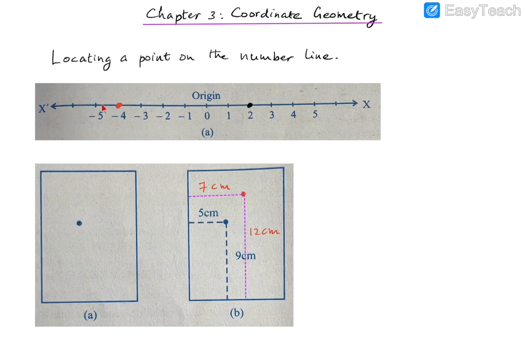Just as we have a single reference line, which is the number line, to represent points on the number line, now we are going to use two number lines. One number line is going to be horizontal and the other number line is going to be vertical. And using these two number lines, we will be able to represent the points on that flat piece of paper or on any flat surface on which that point is lying.